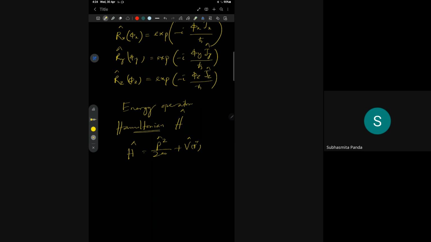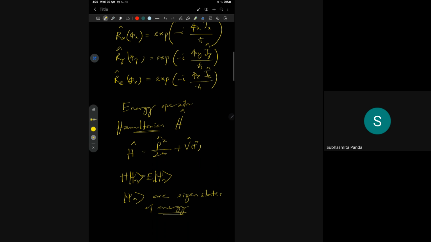Now if you want to get the energy of a system, then what you have to solve is H psi equals E psi, or rather H psi n equals E n psi n, where these psi n's are eigenstates, energy eigenstates.